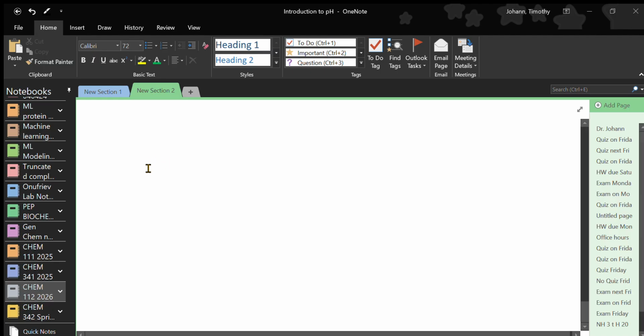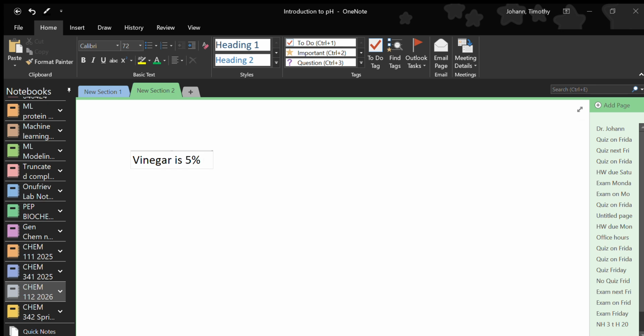So vinegar is 5% acetic acid. And we're going to, well, let's go 5% weight to volume. Okay, so if 5% acetic acid is added to water, this would be like the white vinegar you buy in the store.